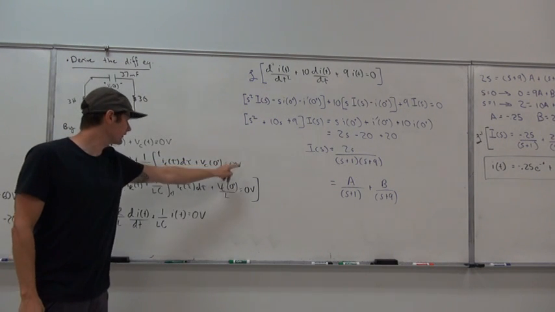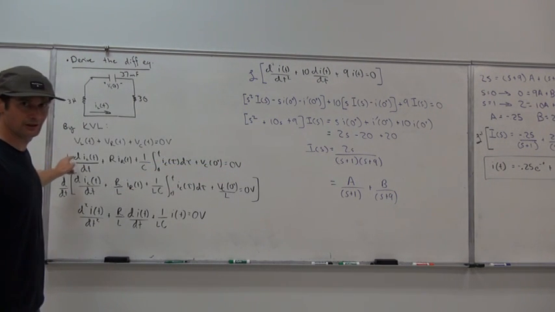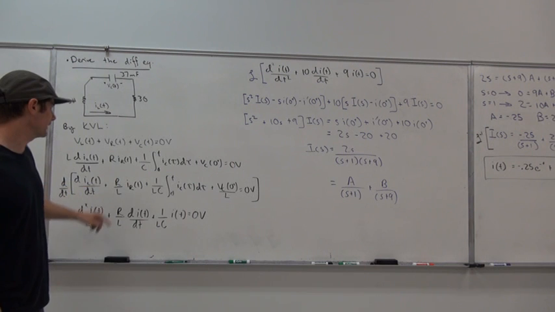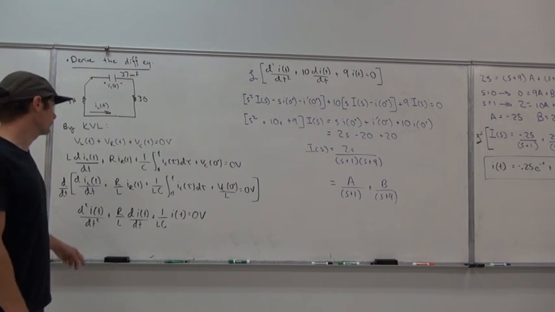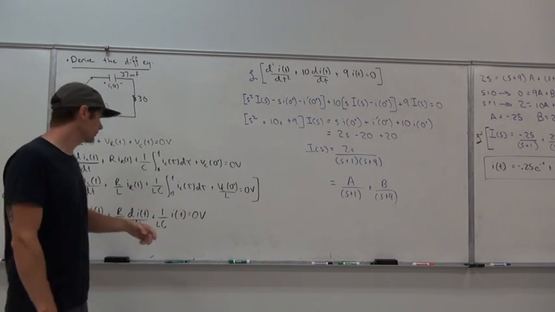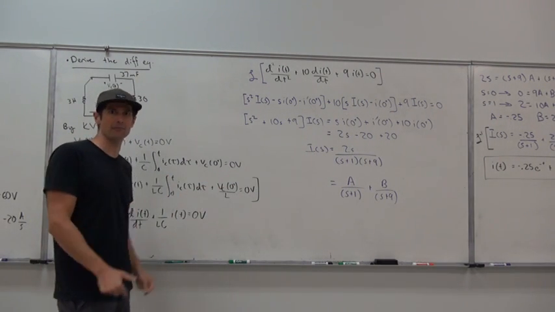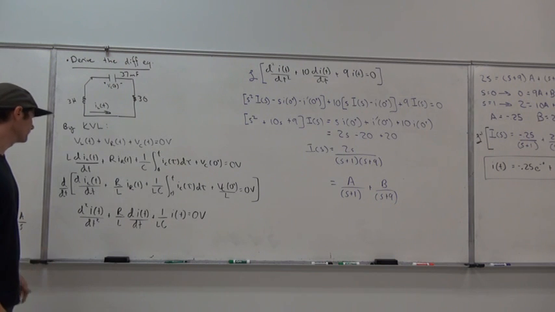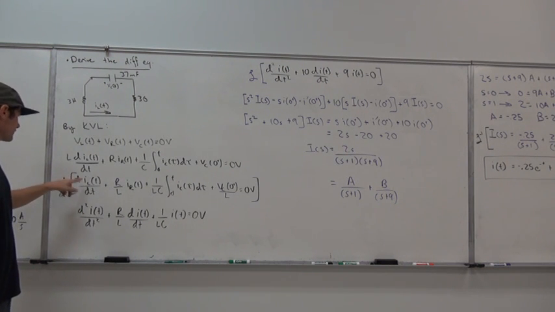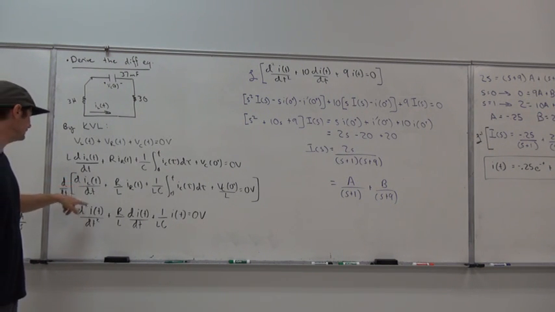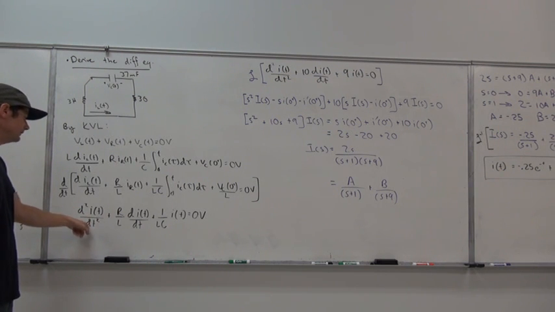Now this is what we call the integral form right here. And we're going to go back and solve that at another point. But in order to get it into a second order differential equation, we're just going to simply take the derivative of this equation. Bam! Take its derivative right here. And once we do that, that first order dIL of t dt becomes d squared I of t dt squared.